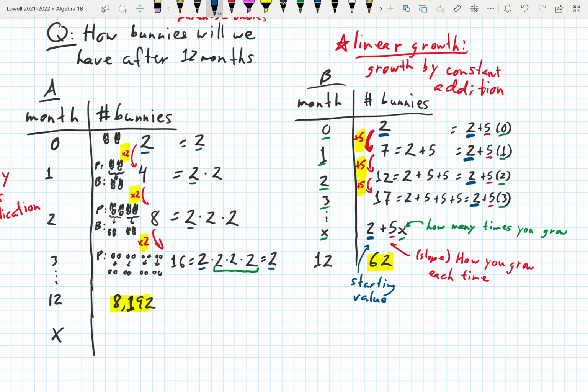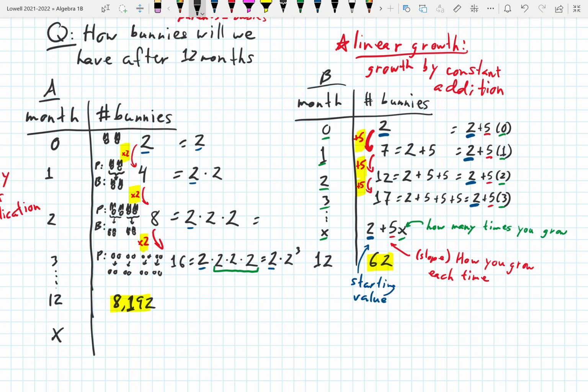Over here, multiplication is just a way to do repeated addition faster, to write it faster. The analogy for repeated multiplication is exponents, and that's why it's called exponential growth. So this equation will be 2 times 2, 3 times.